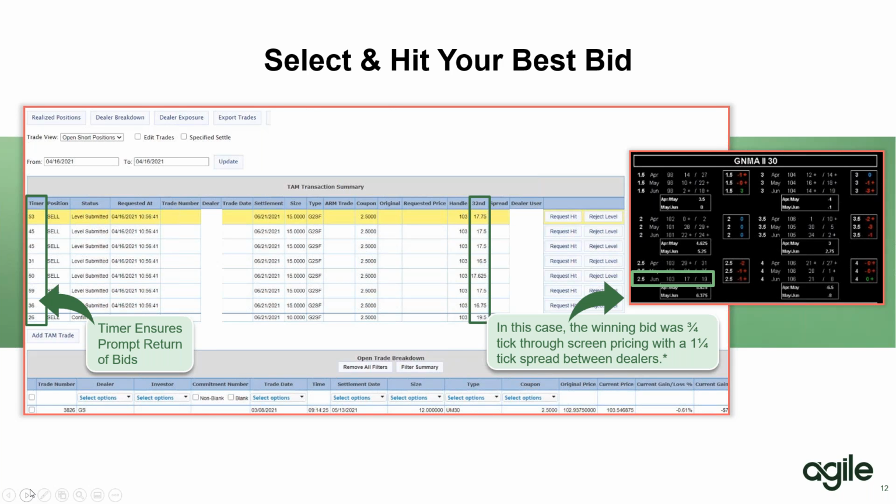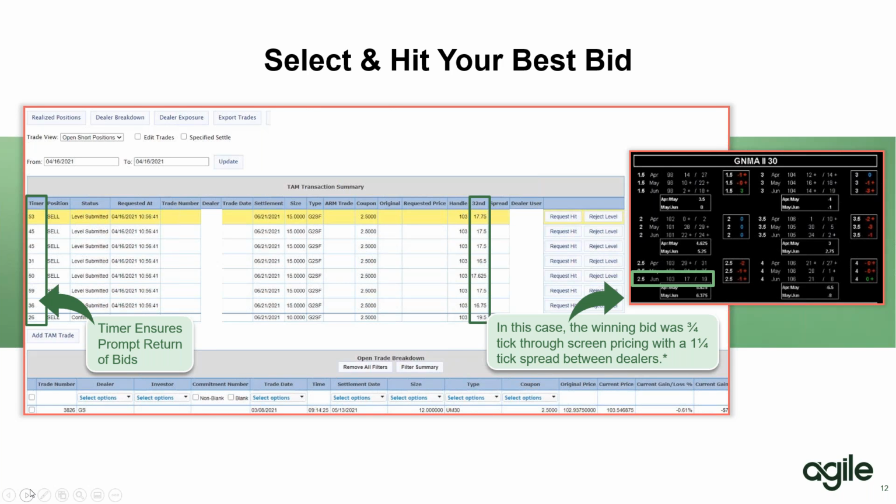Currently that's at 60 seconds. The broker dealers understand, and some are actually looking forward to that time limit coming down. That's going to result in even faster turn times for you as you bid your request for quote out.